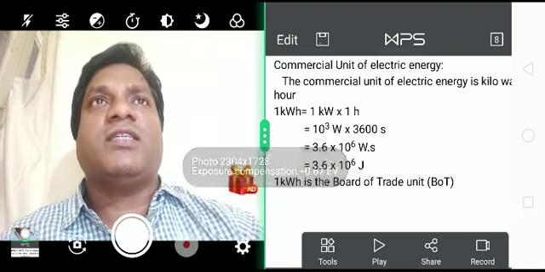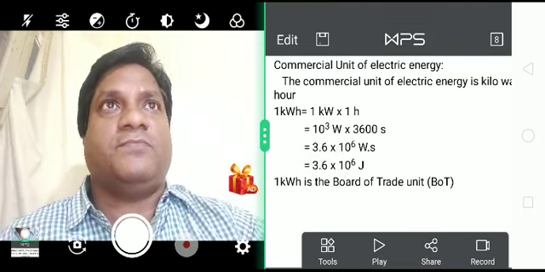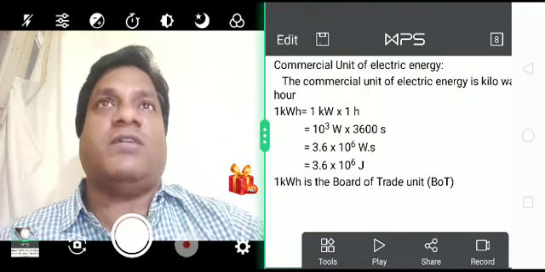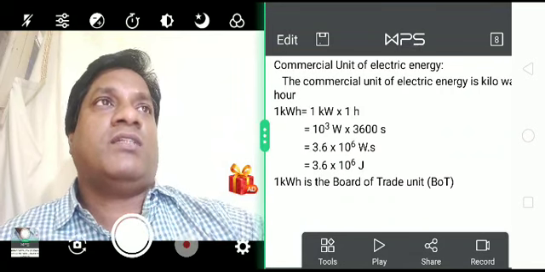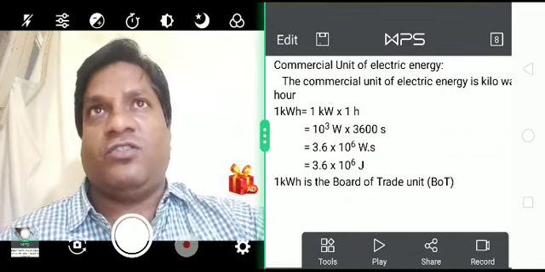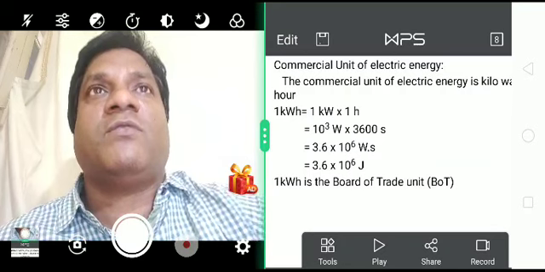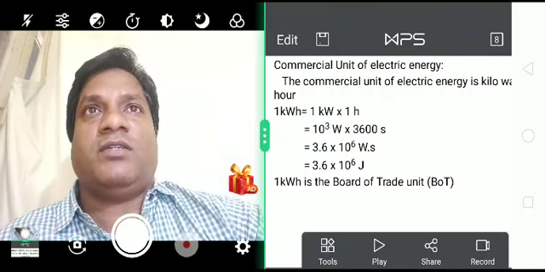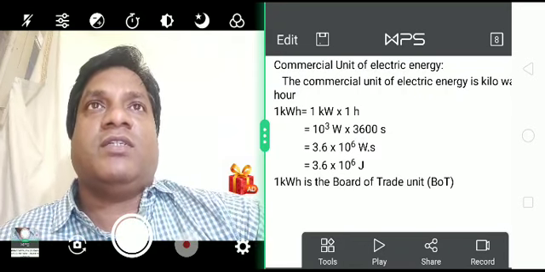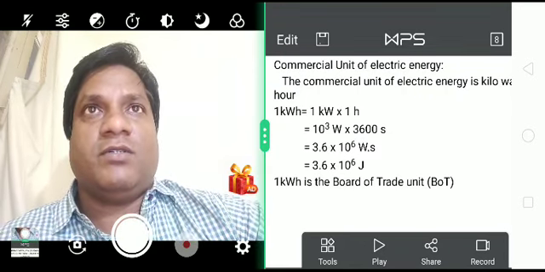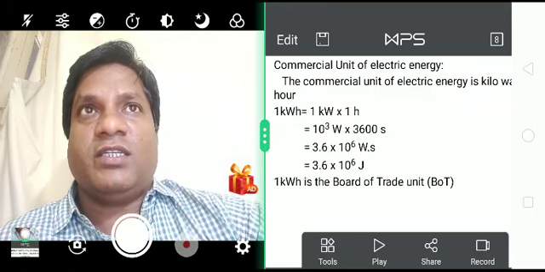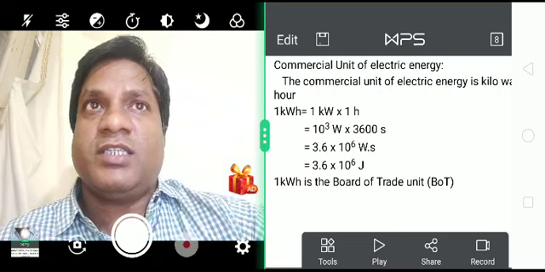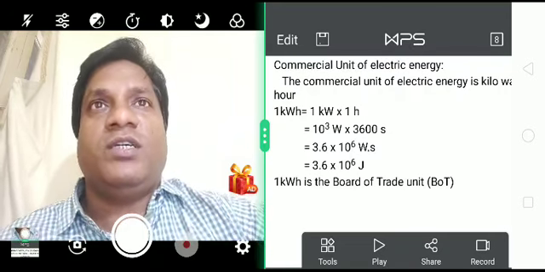Next, commercial unit of electric energy. The commercial unit of electric energy is kilowatt hour. When 1 kilowatt power is consumed continuously for 1 hour, then the total electrical energy is 1 kilowatt hour. So 1 kilowatt hour is equal to 1 kilowatt into 1 hour, that is 10 to the power 3 watt into 3600 second, and that gives us 3.6 into 10 to the power 6 joule.